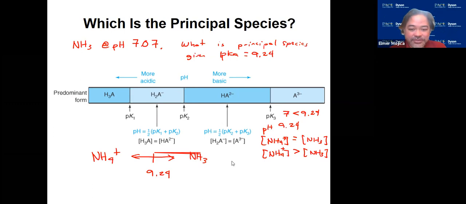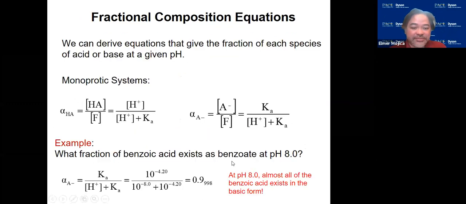So what if you're asked, what fraction do you have there? Can we do that? For instance, the question that we have earlier, benzoic acid at pH 8. Okay, we can derive the equation to give us the fraction of each species of an acid or a base.